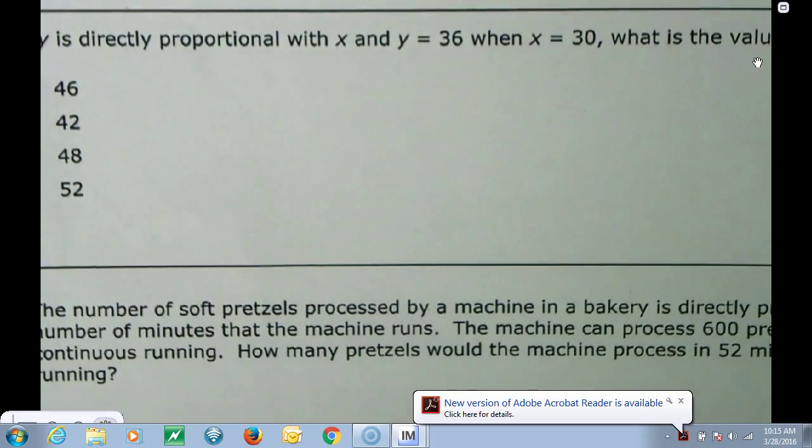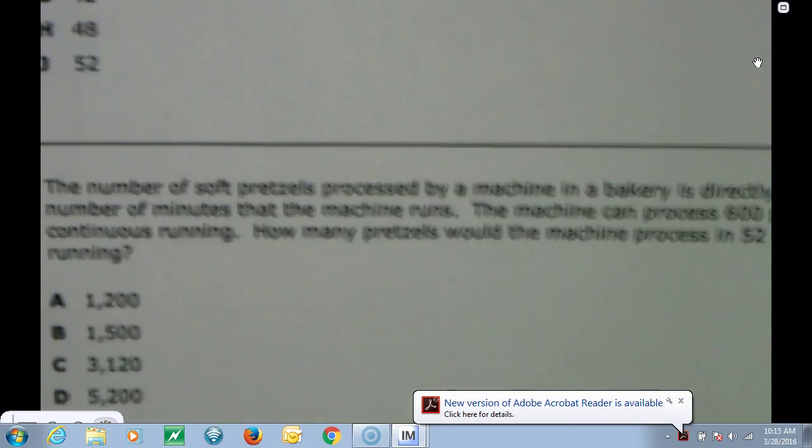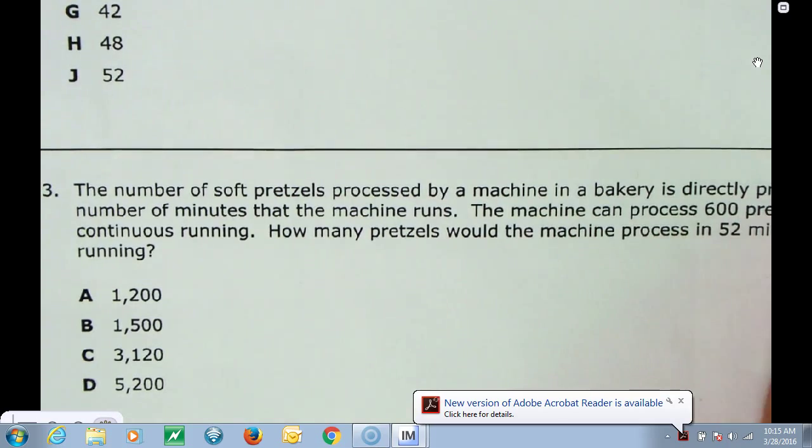When it says varies directly, remember? Y equals kx. So it's going to be in that form. Look at number 3. The number of soft pretzels with lots of butter on it is directly proportional.